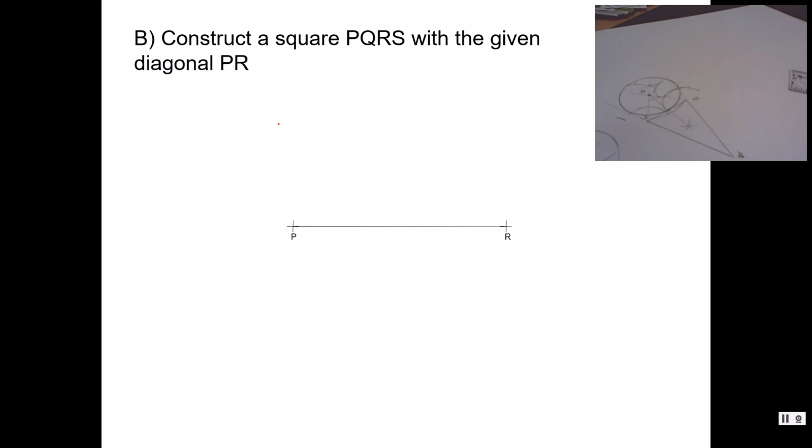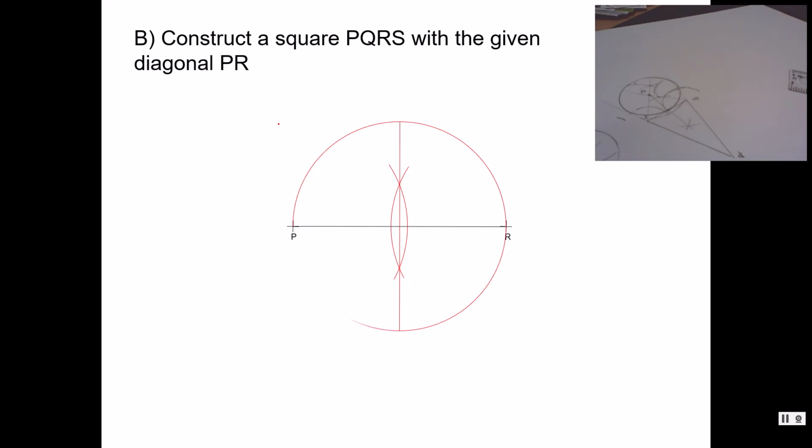Okay, so now construct a square PQRS with the given diagonal PR. Okay, a square PQRS. So from PR we bisect it to get the bisecting point.